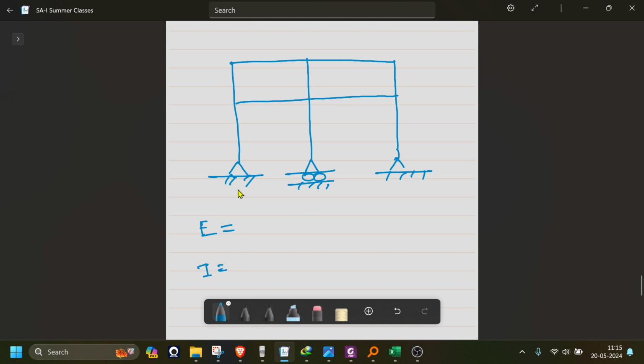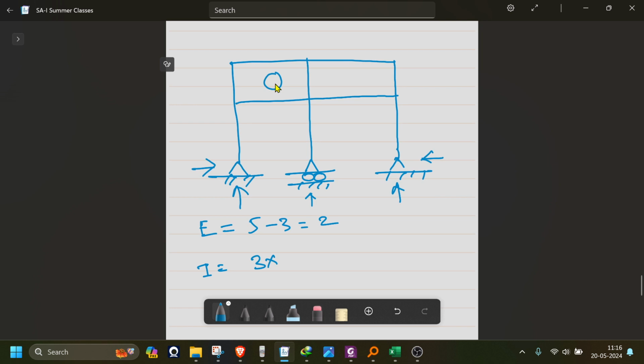External is 2: 1, 2, 3, 4, 5, so 5 minus 3, that is 2.